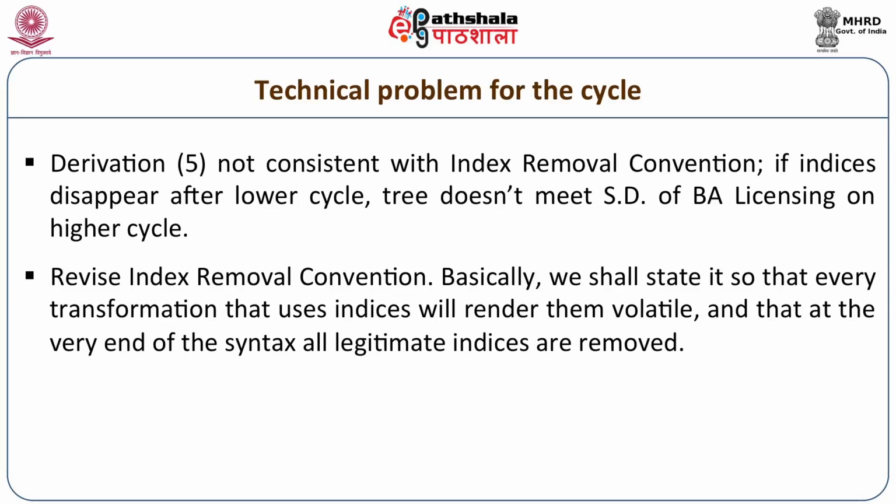We have just seen an example where that version of the index removal convention becomes invalid. What is the example? We looked at a sentence like John seems to himself to like himself, where we found that bound anaphor licensing has to apply twice, once on the lower S cycle, once on the higher S cycle, with raising to subject sandwiched between them.